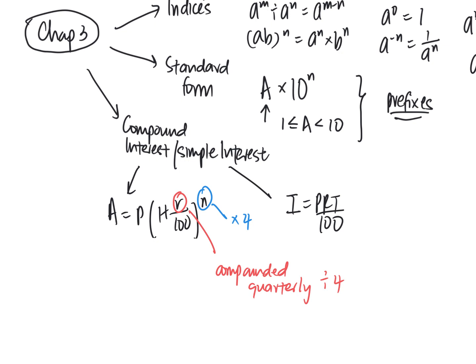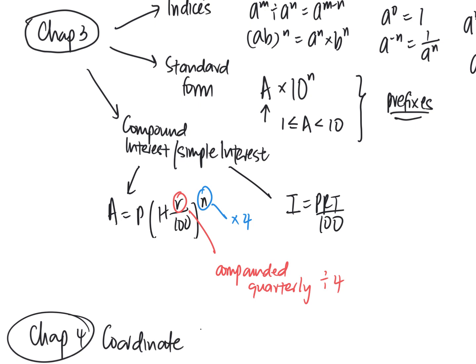Then next one is of course your chapter 4, coordinate geometry. In coordinate geometry, you need to remember the gradient formula, and the 4 types of gradient: positive gradient, negative gradient, horizontal, and undefined.